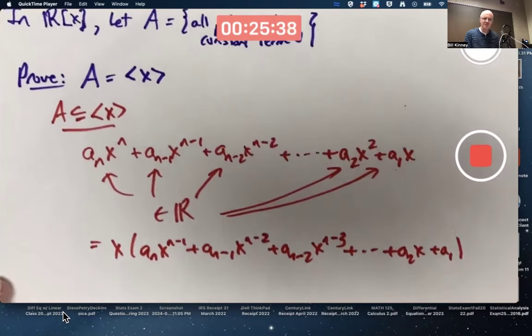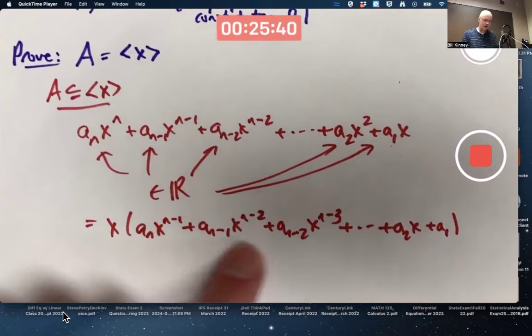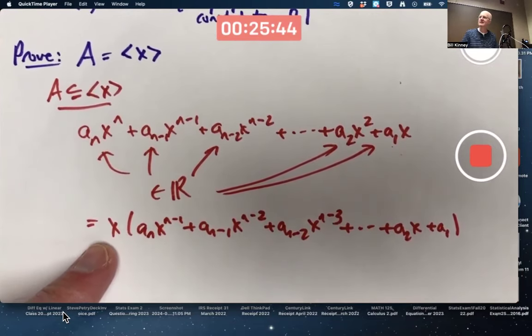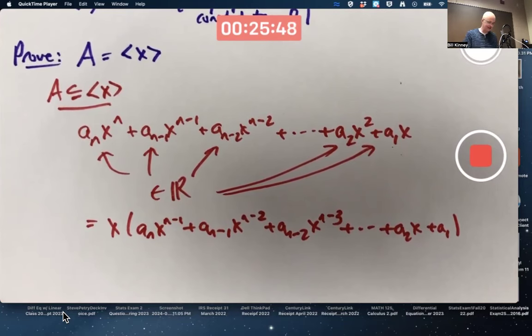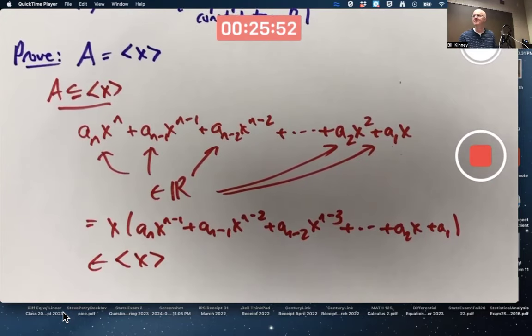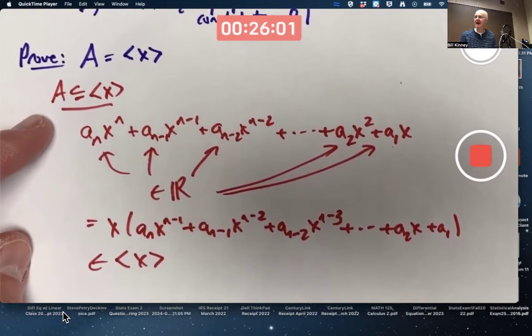I've written it as a polynomial multiple of x. I wrote the x on the left; I could have written it on the right. This is a commutative ring. By definition, this is an element of the principal ideal generated by x, because it's a polynomial multiple of x. That's enough to verify A is a subset of the principal ideal generated by x.